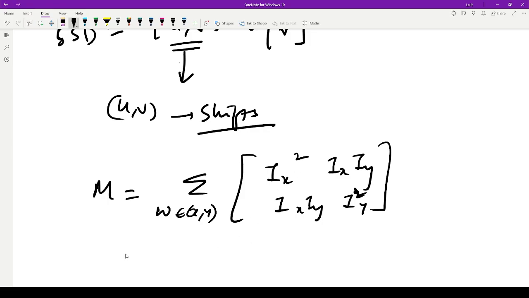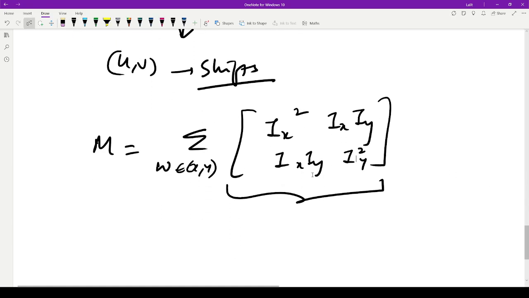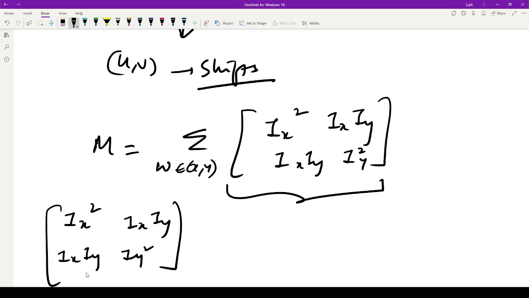So can anyone tell if I just see this matrix by itself, do you see any properties of this matrix? I'm not talking about the matrix M, but the individual matrix of these gradients, which is Ix square, IxIy, IxIy, Iy square. So one clear thing is it is symmetric, right? But anything more than that?